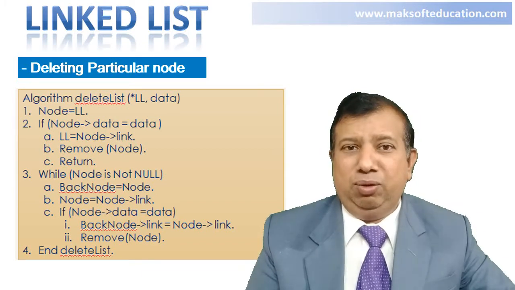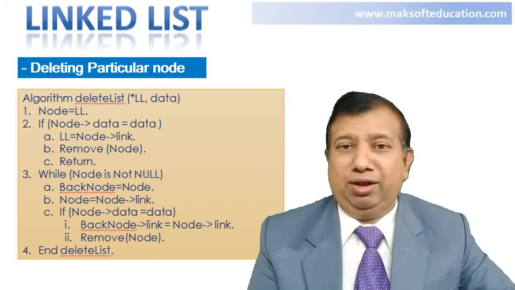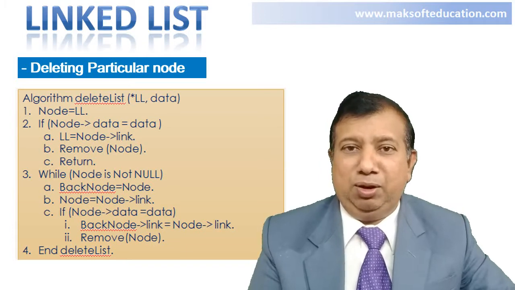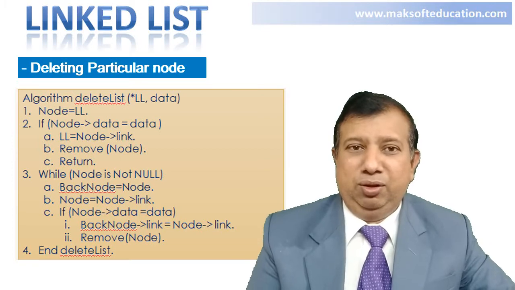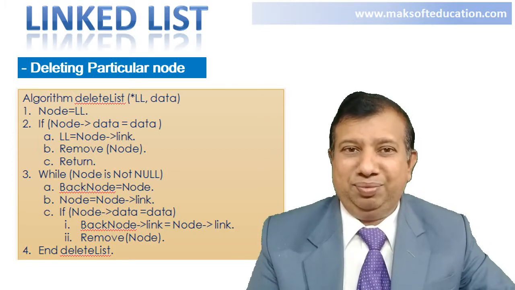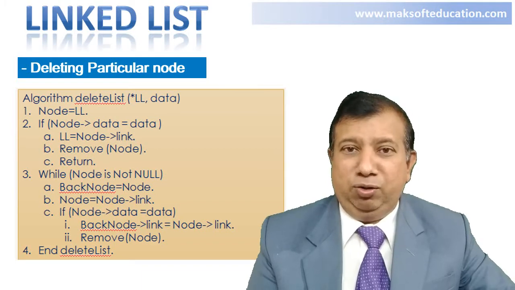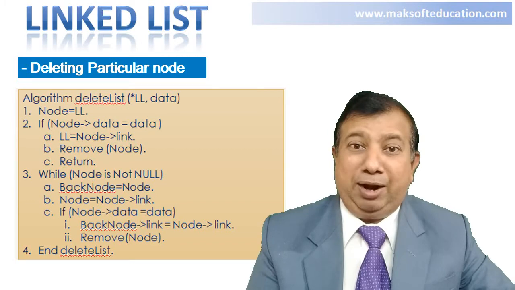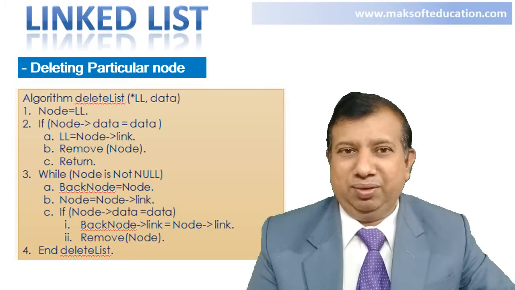Now the back node variable is specially taken for keeping the previous node. So back node is equal to node, and then node we move forward to the next part. So we are keeping node at the next, and we are keeping the previous node in the back node. So again check whether the node's data is the data to be deleted. If yes, then that node's link we copy to the back node's link, and then we remove the particular node.